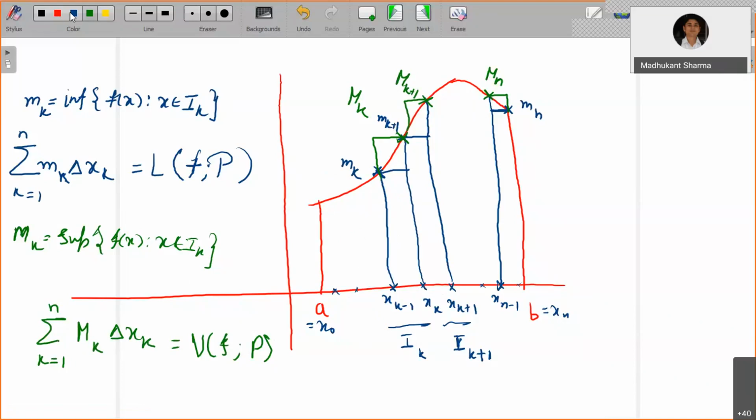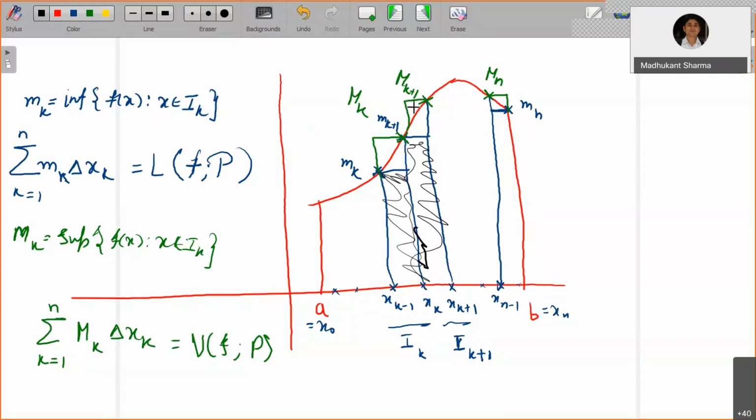Let me do this. So this is a small mk here. If you go with the small mks, and if you go with the capital Mks, this will give you the area here. If you look at this curve here, xk minus 1 to xk plus 1.